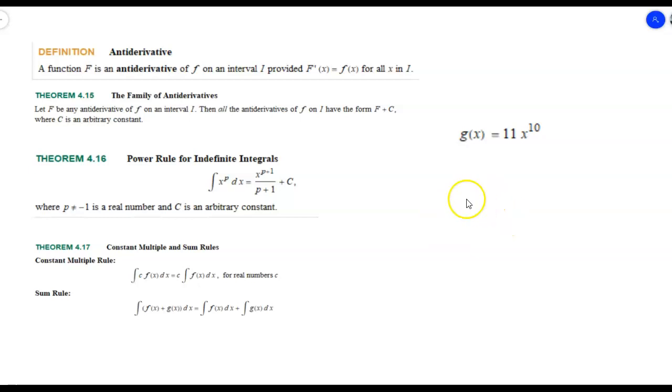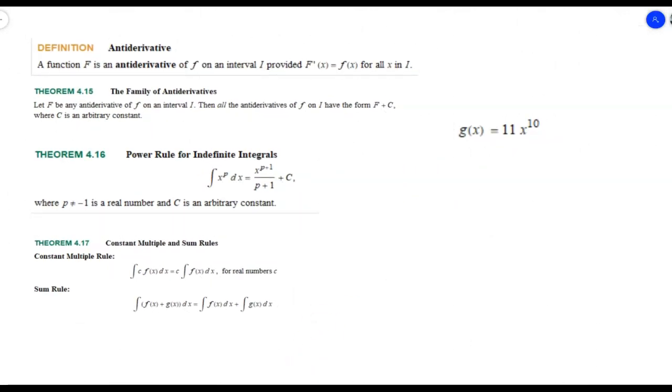Alright, the way we set it up is like this. We do our indefinite integral, which means there are no limits on the bottom and top. If we do have limits of integration, then we have what's called a definite integral, not indefinite.